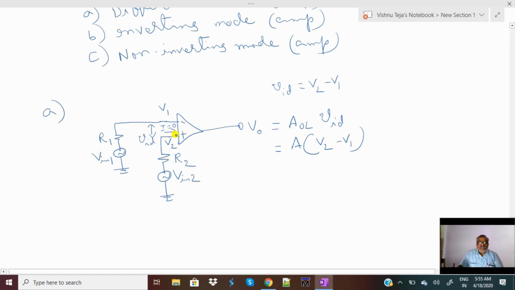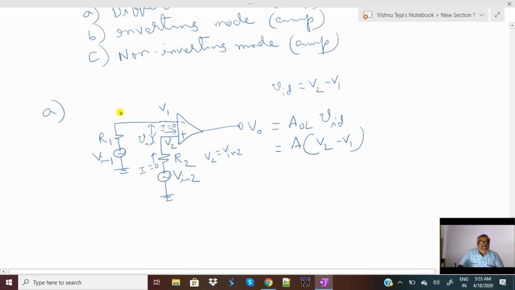Because the current flowing through this input terminal is 0, the current flowing through resistance R2 is also 0. Then how much voltage will drop across this resistance? According to Ohm's law, I times R2. I is 0, so no voltage will drop across R2. Therefore, V2 will be equal to Vin2.